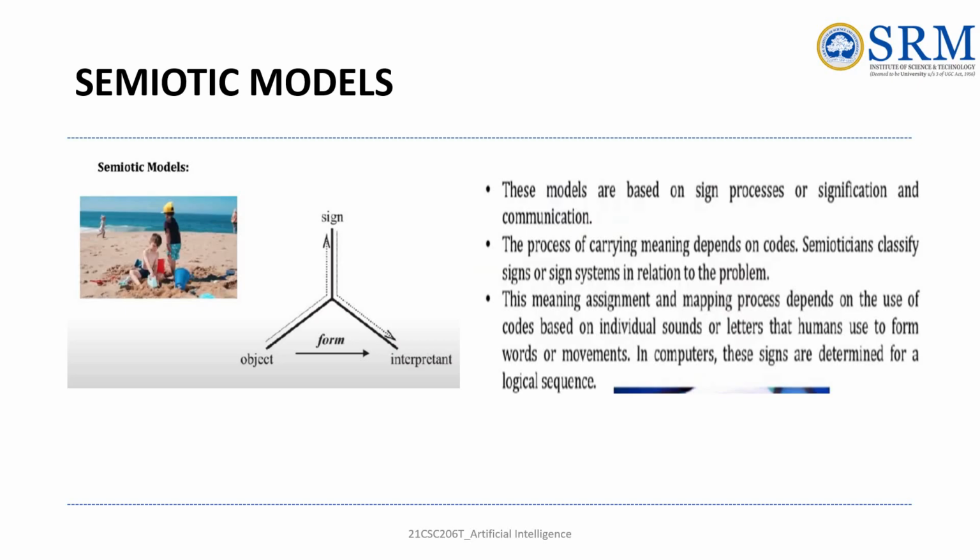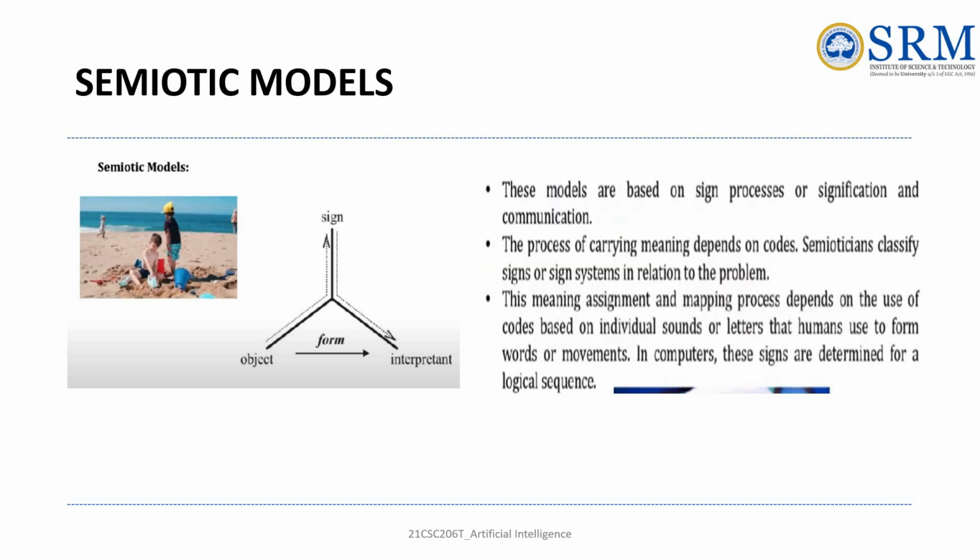Next is semiotic models. Now let's turn to philosophical semiotic models. These models are based on signs, meaning, and communication. They explore not just data or logic, but how meaning is constructed and interpreted. Semiotic models are inspired by linguistics and communication theory. They are useful in human-computer interaction, knowledge representation, and social robotics.